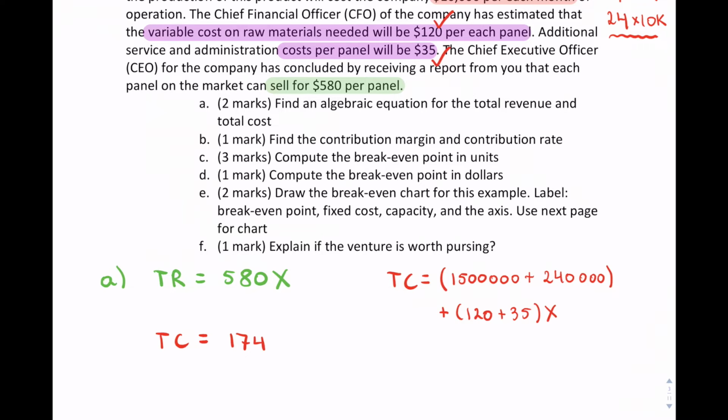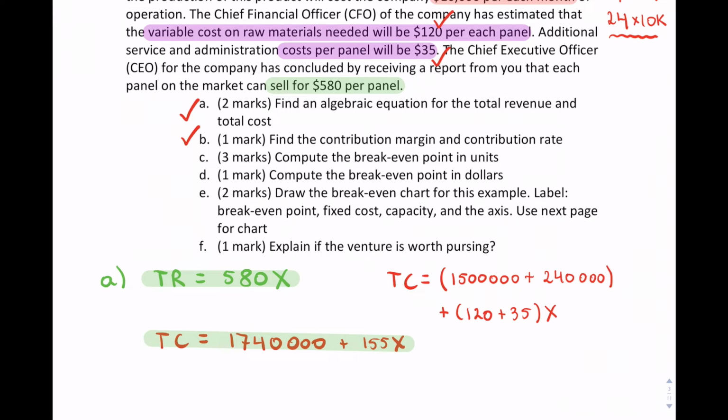So 1740, that's our fixed cost, plus the variable cost. This is my total revenue, and this will be my total cost that I need. So that is part A.